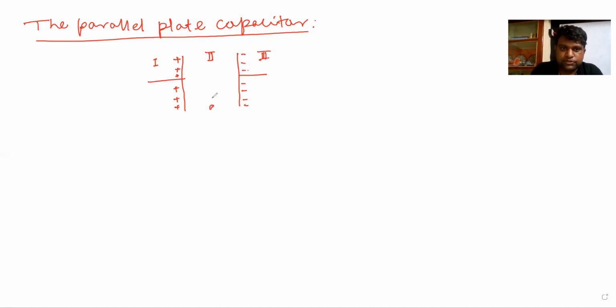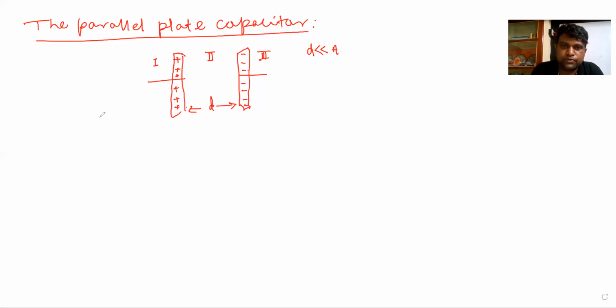The distance between the plates is, let's say, small d, and the distance d between the two plates is very small as compared to the area of the plates. These are the plates, so this is the area of cross section.